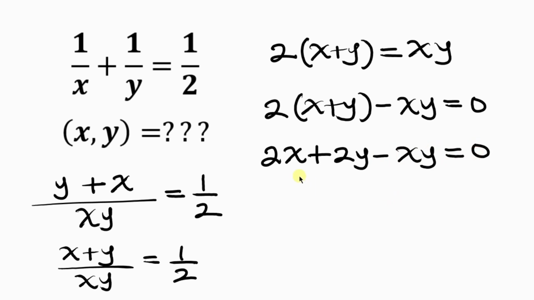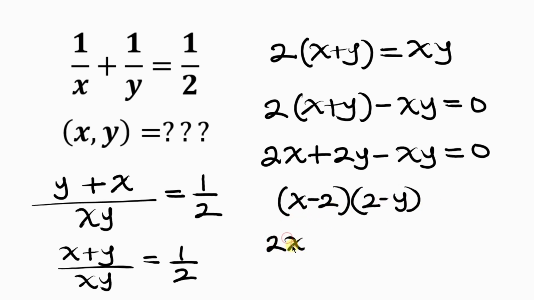Very good. Now look at this expression. Does it look familiar? Well, it looks like the product of x minus 2 times 2 minus y. So when I expand this, for example, x times 2 is 2x, then minus x times y is xy, minus 2 times 2 is 4, and then negative times negative is positive, 2 times y is 2y.